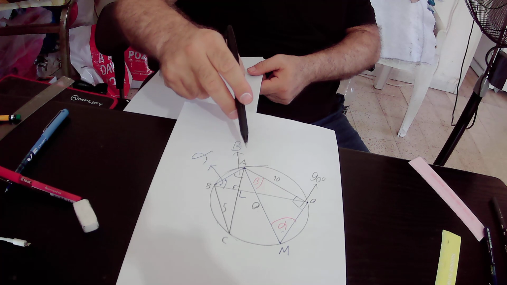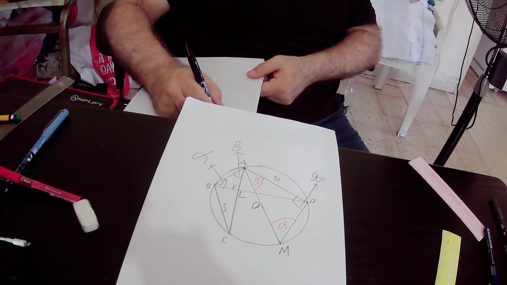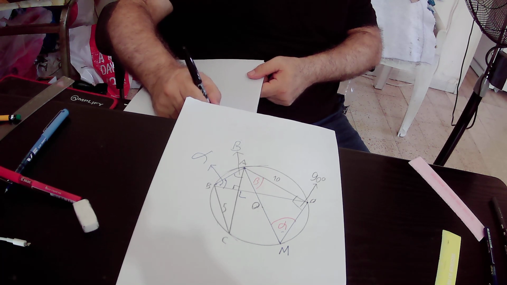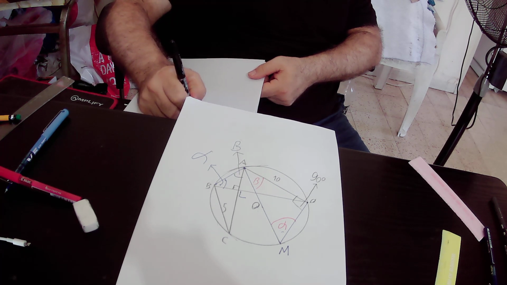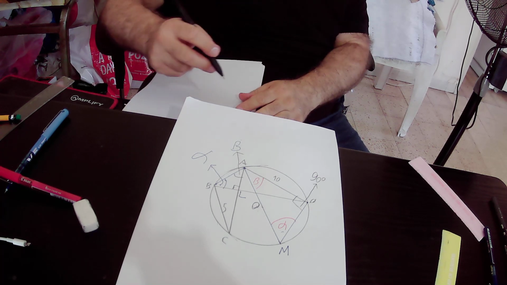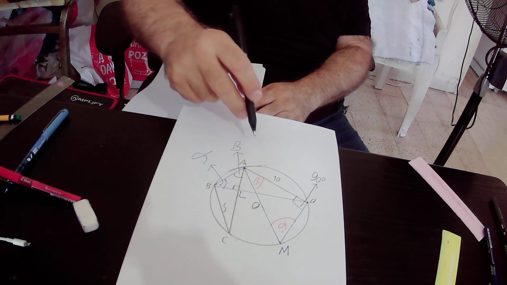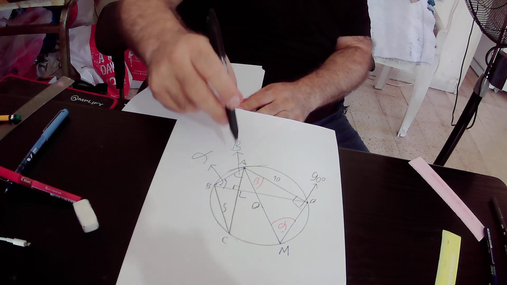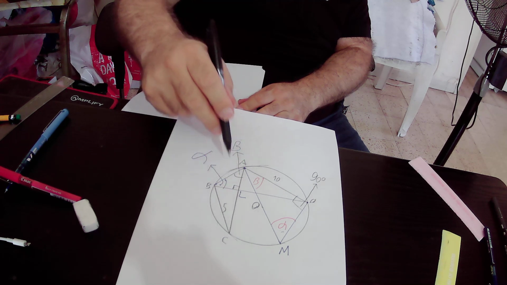That is what we found out, that angle BAC equals beta. And angle BAC rests on chord BC.